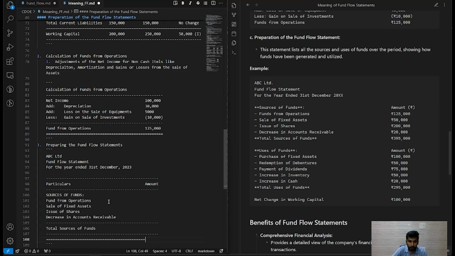Then we will talk about the uses of funds. But before that, let us just fill in the amounts. Let us assume that we have rupees 1,25,000 as the funds from operation which we calculated above. Okay. Then the sale of the fixed assets. We have the sale of the fixed assets as rupees 50,000.